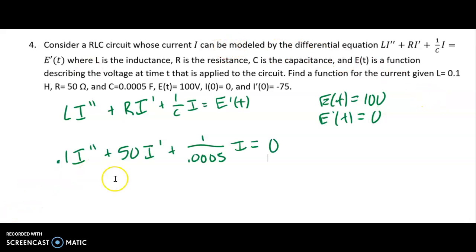So couple things. We can do 1 divided by 0.0005 in a variety of ways. That's going to give us 2,000. Yep, 2,000.